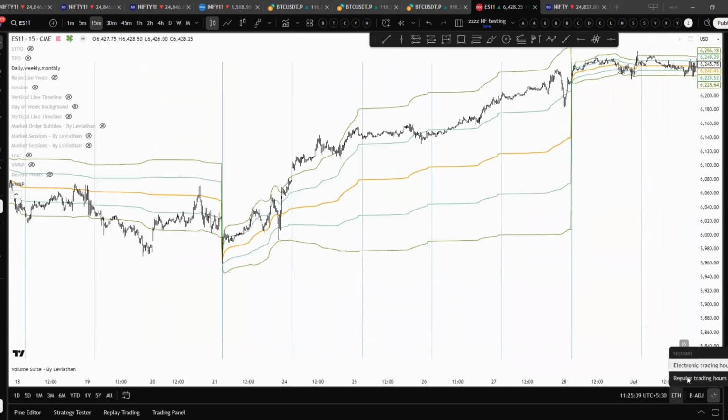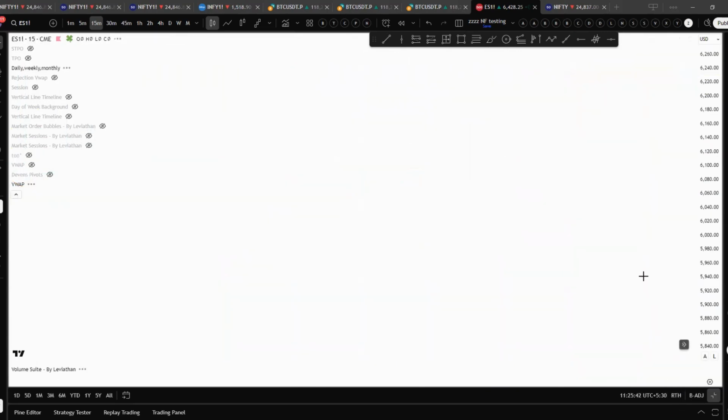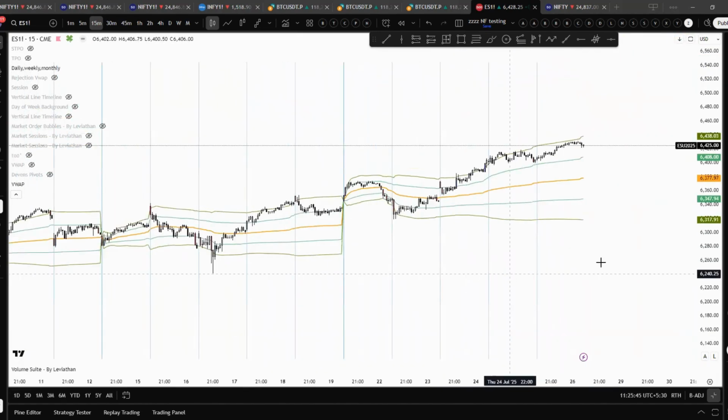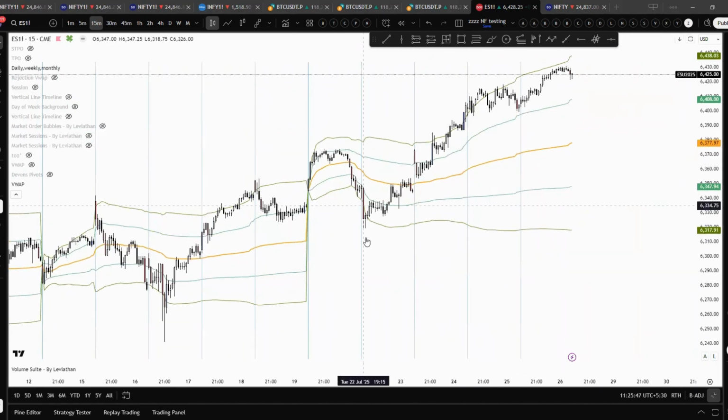So if this is electronic trading hours, even if we move to regular trading hours, it gets even simpler. We move below VWAP, we look for long, we move above, look for short. It's like, yeah, this doesn't work so smoothly. That's why we have to give it more context.